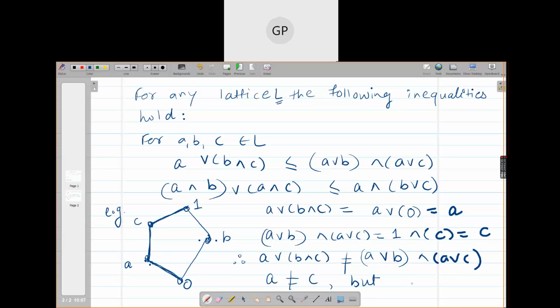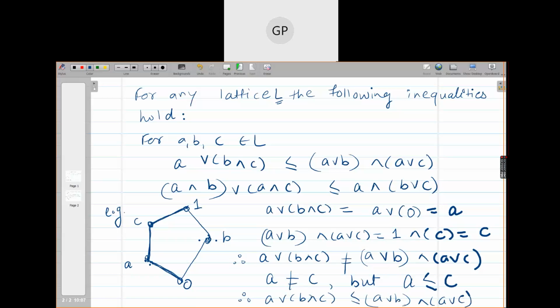Yes or no? Yes. So A is less than or equal to C. And therefore, A is A join B meet C, and that is less than or equal to A join B meet A join C.